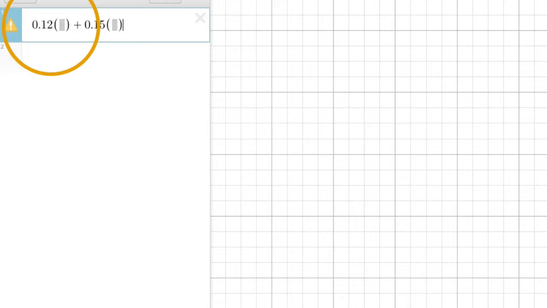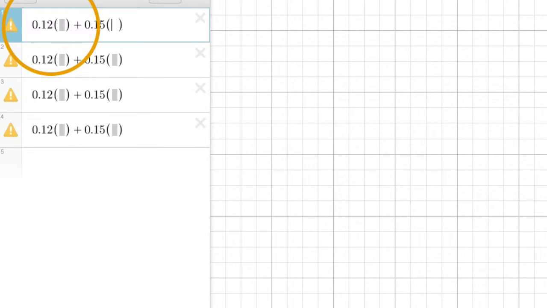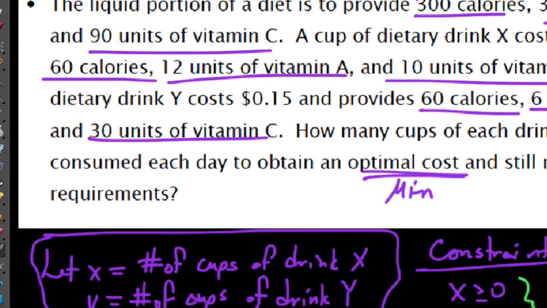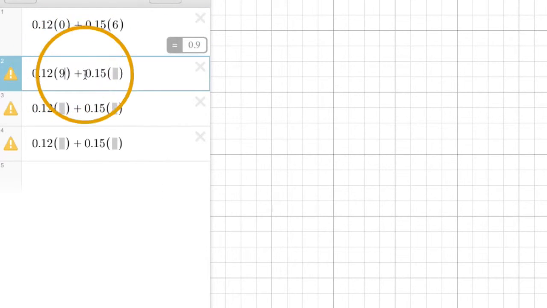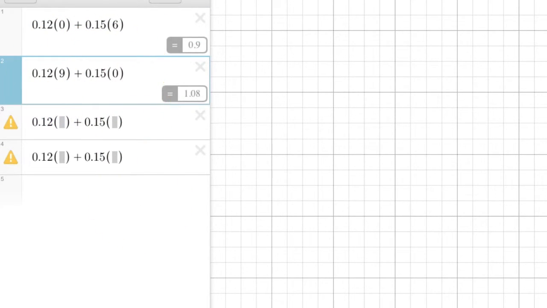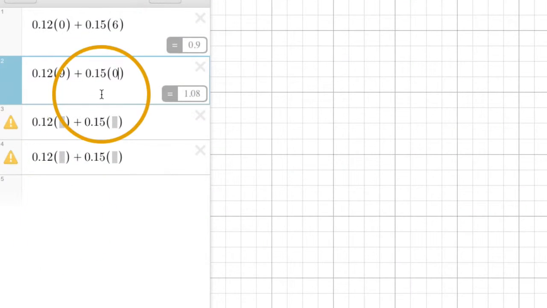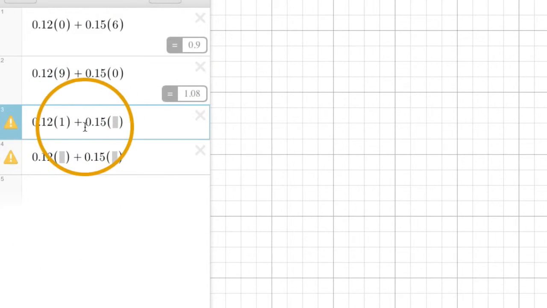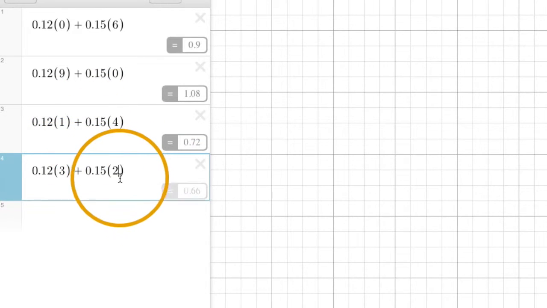I'll copy and paste this in a few times and put in our vertex values. We had (0, 6) and (9, 0), and also, respectively, (1, 4) and (3, 2).